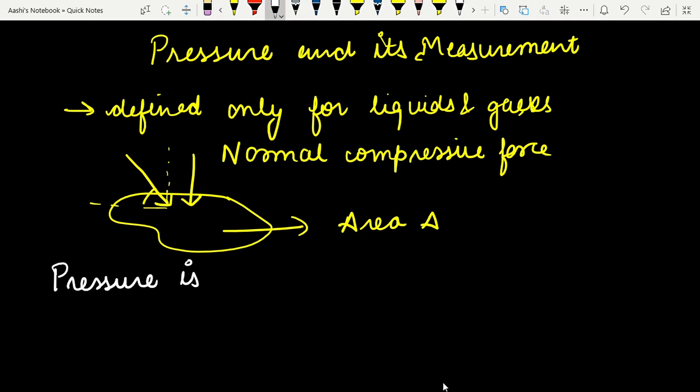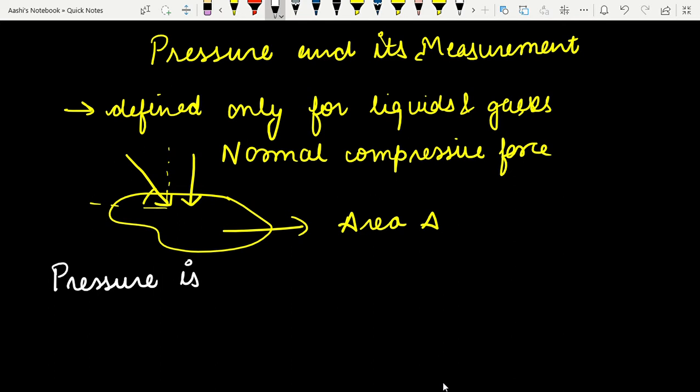At times it is asked in interviews, what is the difference between pressure and stress. Always remember, pressure is normal compressive force per unit area, whereas stress is internal resisting force per unit area. So stress is an internal resistance and pressure is the external application.